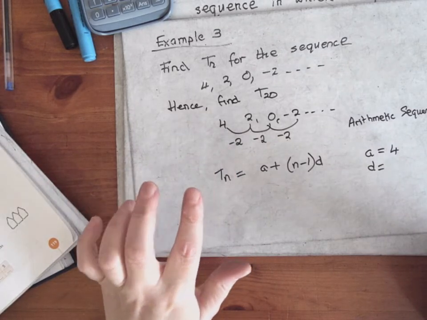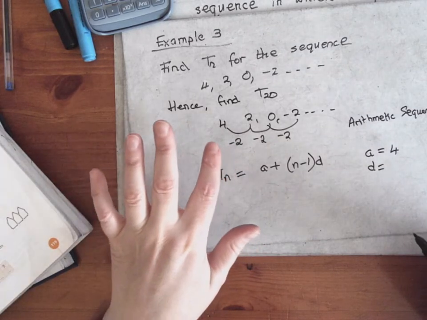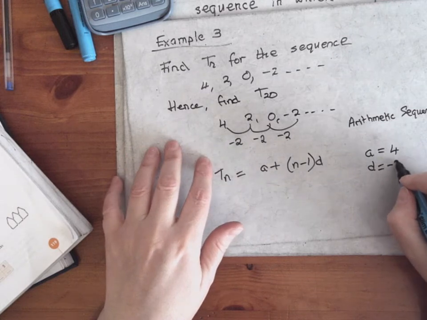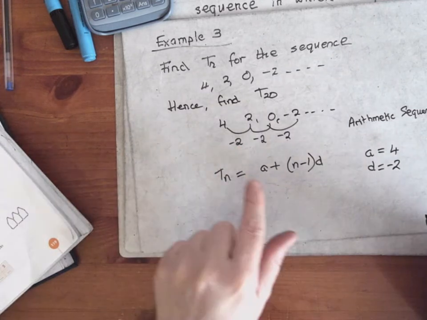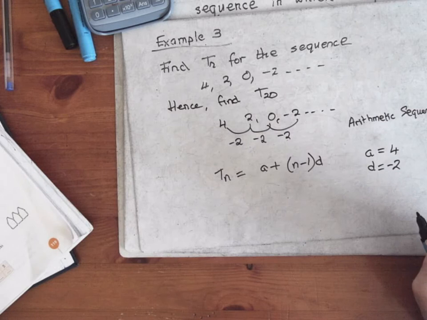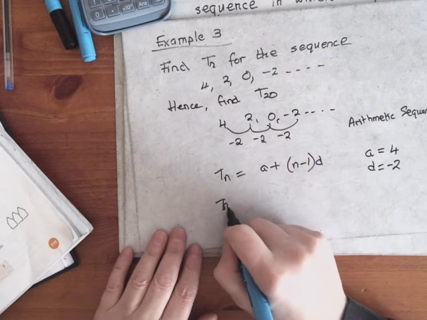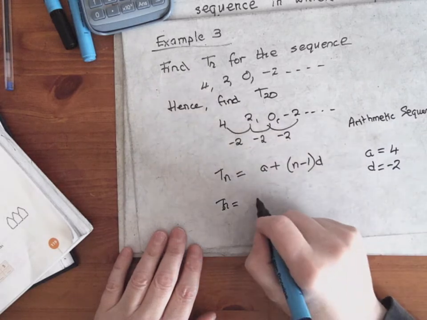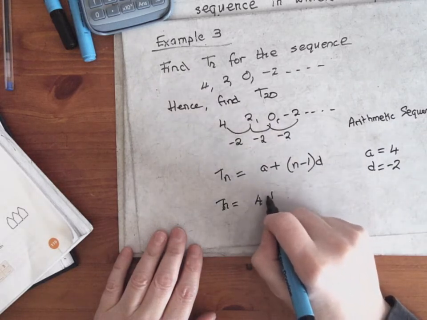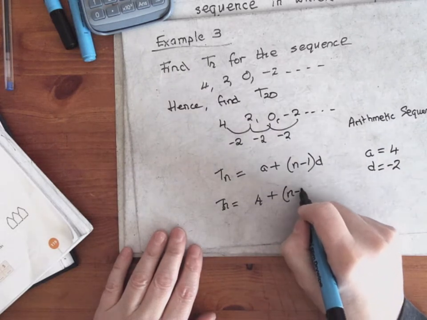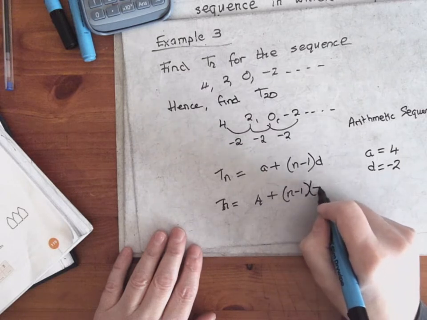Now just be careful here, girls. d is minus 2 this time. It's not plus 2, it's a minus 2 because you're going down in 2s. Okay? So then you fill in for the a and you fill in for d. So a is 4, right, plus n minus 1 multiplied by minus 2.